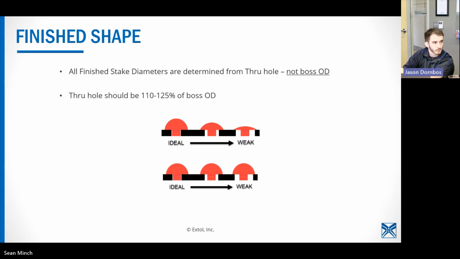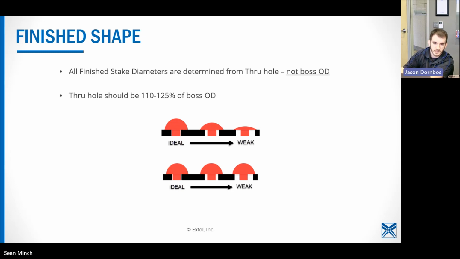So this slide goes back to the question about hole size and just putting a large dome on top. The tighter the through hole is to the unformed boss OD, the more cross section will be available for the plastic above the mating surface. So as you can see on the left side, an ideal shape will provide the best tensile strength for your project.